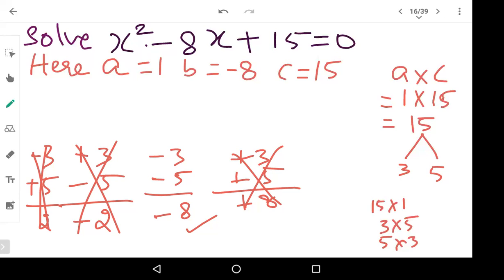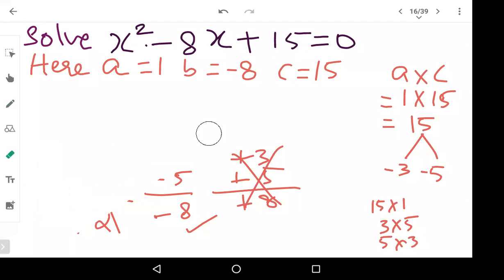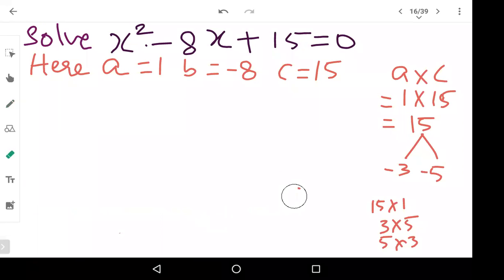Are you all able to follow? Yes or no? Okay, good. So it's going to be minus 3 and minus 5. Now solve and say me the answer. Try solving this. X is equal to 3 or x is equal to 5. Good, Anusha.